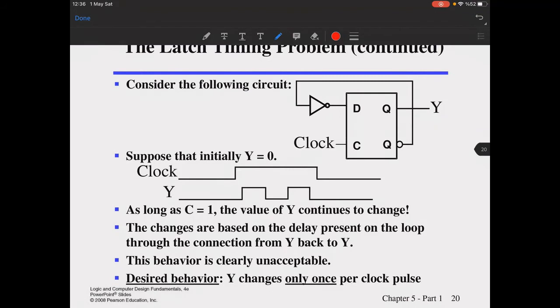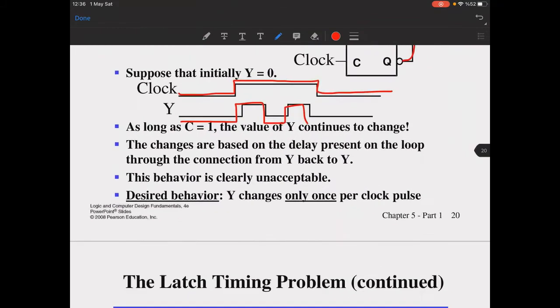Why? Because if you have a structure like this, suppose that there's a feedback path like this, as long as your clock signal is high and your Y signal is changing fast here, it means that it can change multiple times within a single clock pulse. This behavior is clearly unacceptable. Normally we expect, or we need to have designs like Y changes only once per clock cycle.